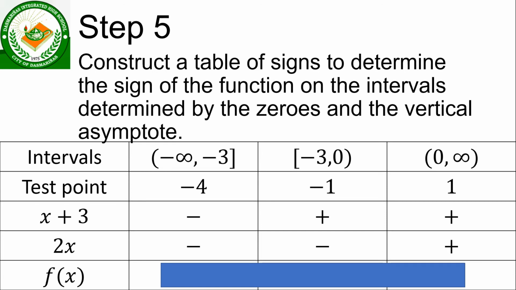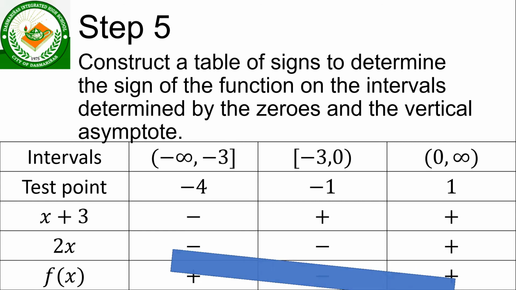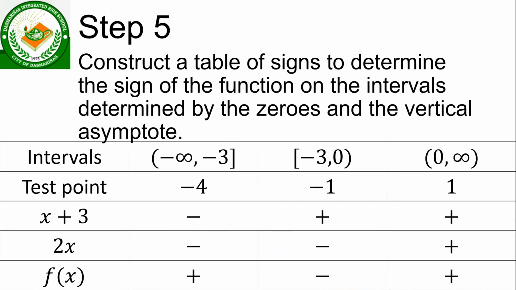So we have negative over negative, positive. That's for the first interval. Positive over negative, negative for the second interval. And for the third interval, we have positive over positive, positive. So positive, negative, positive. So these will be the sign of the function in each interval.